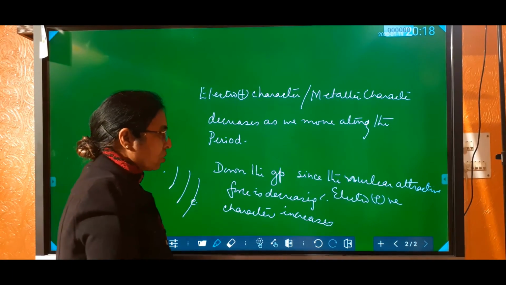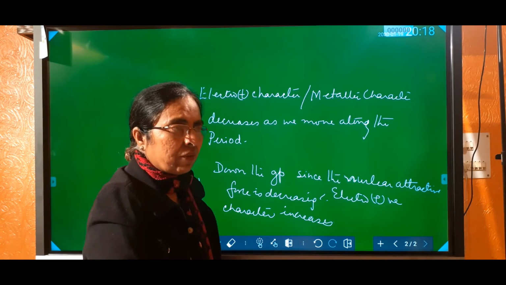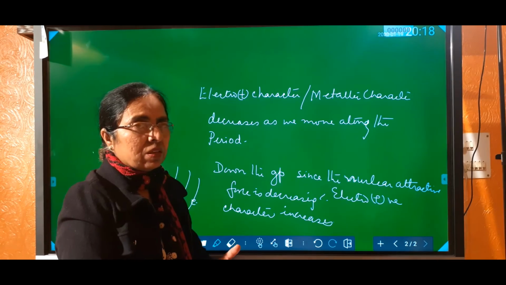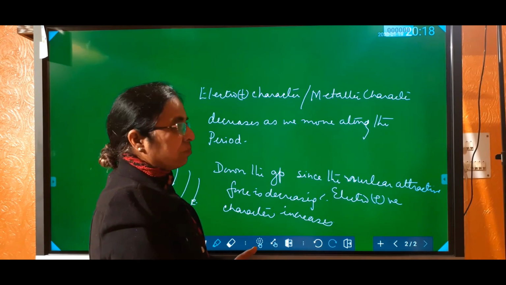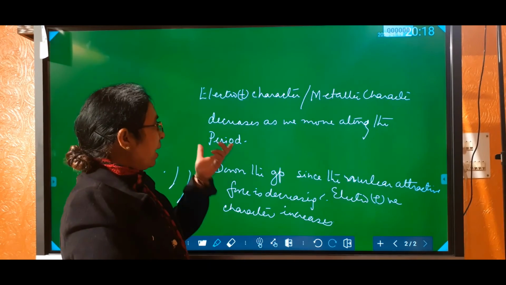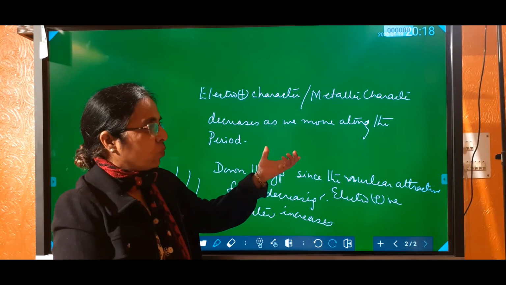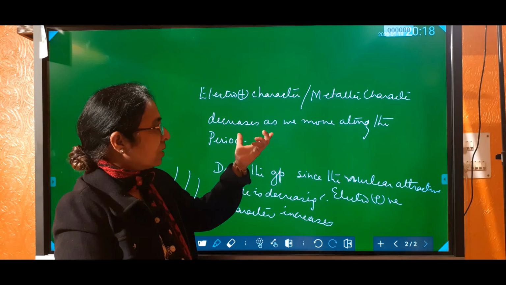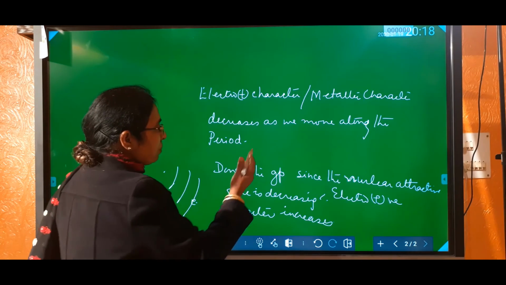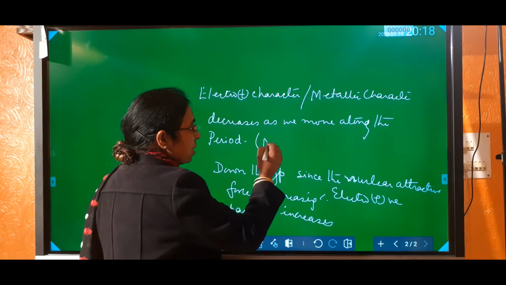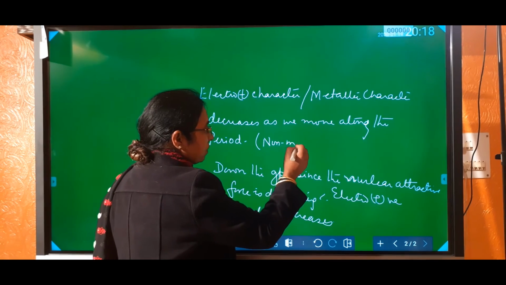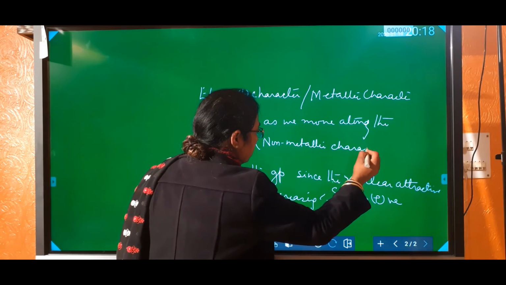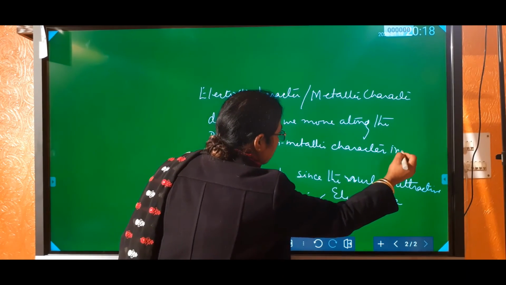All right. So we understand, first of all, what electropositive character is. Electropositive character means the ease by which an element can lose an electron. When you move along the period, electropositive character decreases. Electropositive character decreasing along the period means that non-metallic character increases.